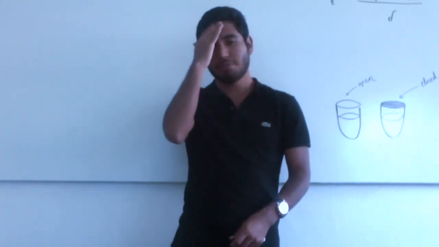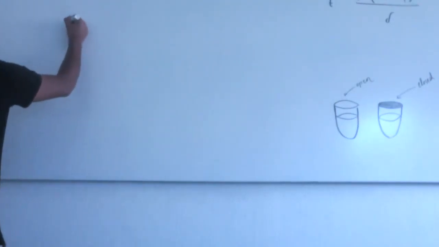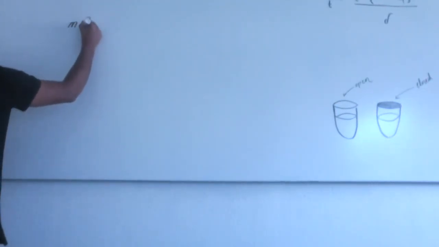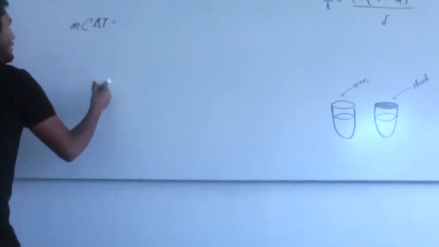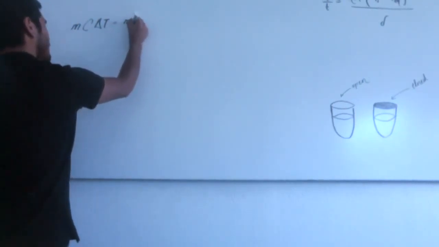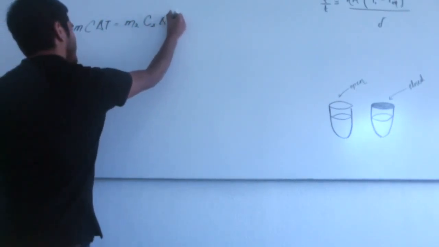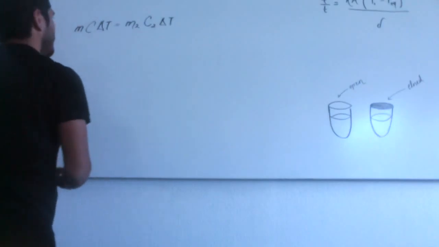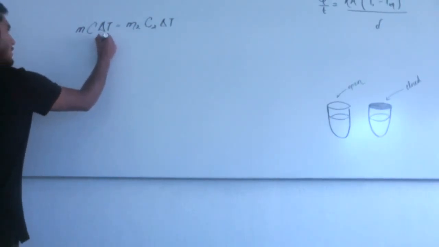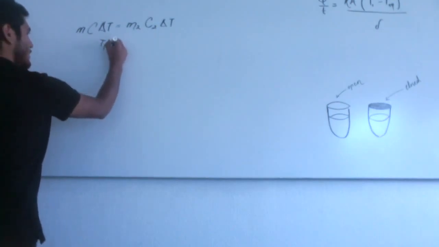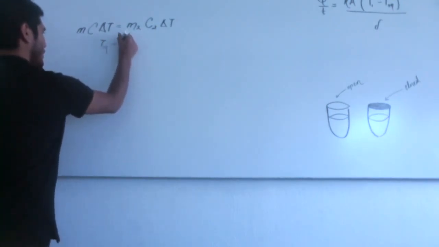We're going to have two formulas. The first is m1 times c1 times delta T1 is equal to m2 times c2 times delta T2. We're going to solve this for Tf, that in this case is our T of equilibrium.